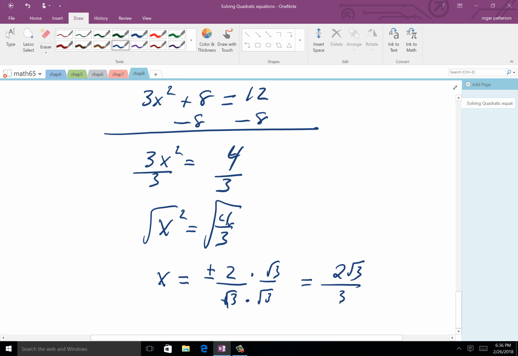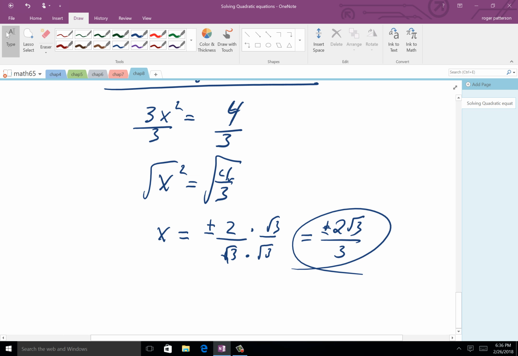And boom, there it is. Don't forget to put the plus or minus there. Okay. But again, in a practical sense, that wouldn't do us much good. We would, well, how are we going to figure out what that is on a ruler or anything? Okay, so, but this is how they're going to want you to do it. Questions on what we've done so far with these?